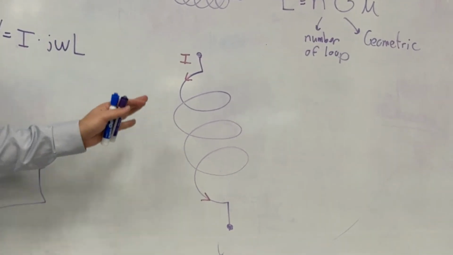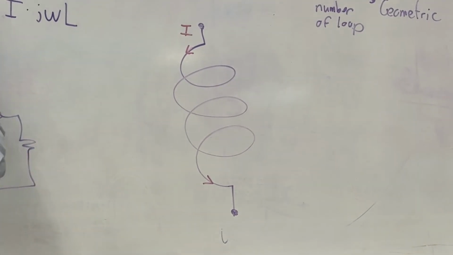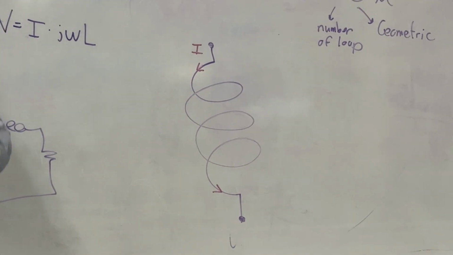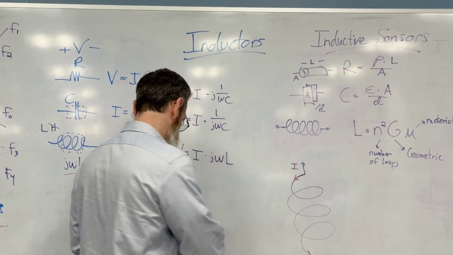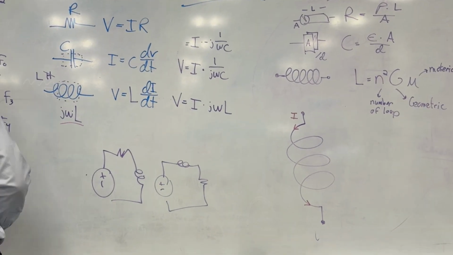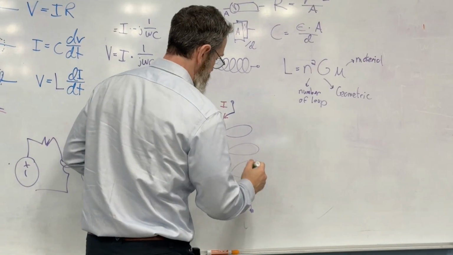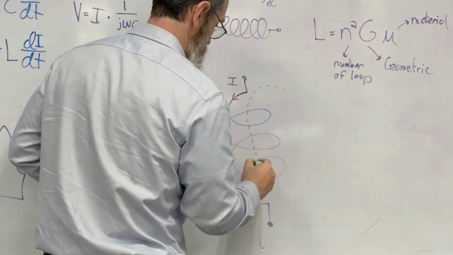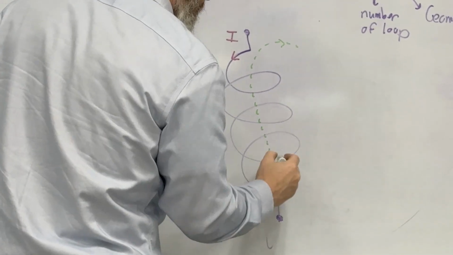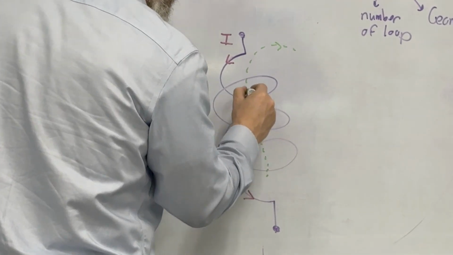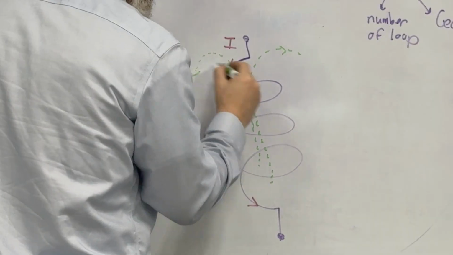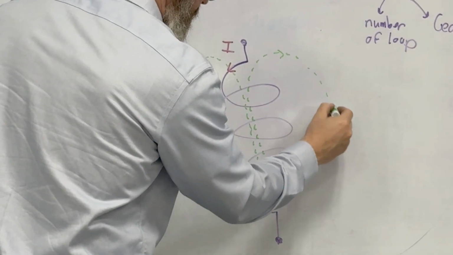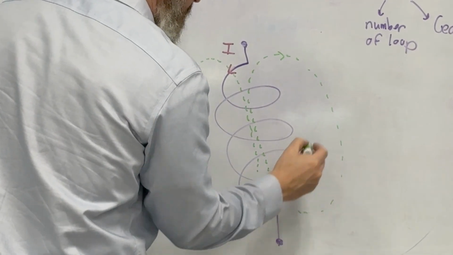As the current flows through the wire, it generates a magnetic field. There's a new term for you, magnetic field. And that magnetic field looks like this. It's inside it, but it spills out of it as well.